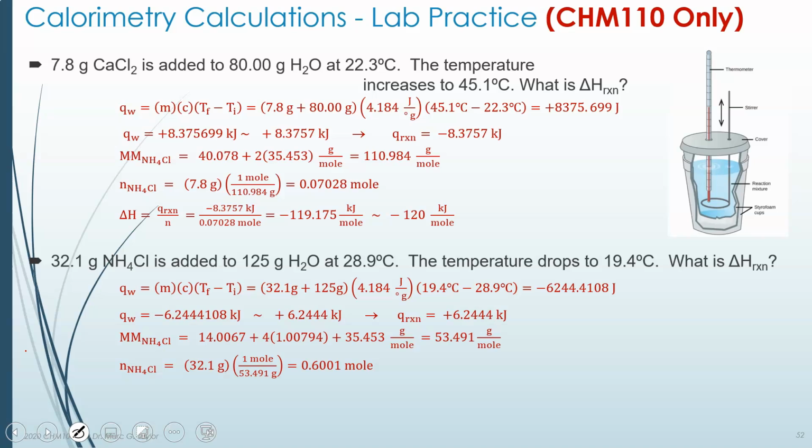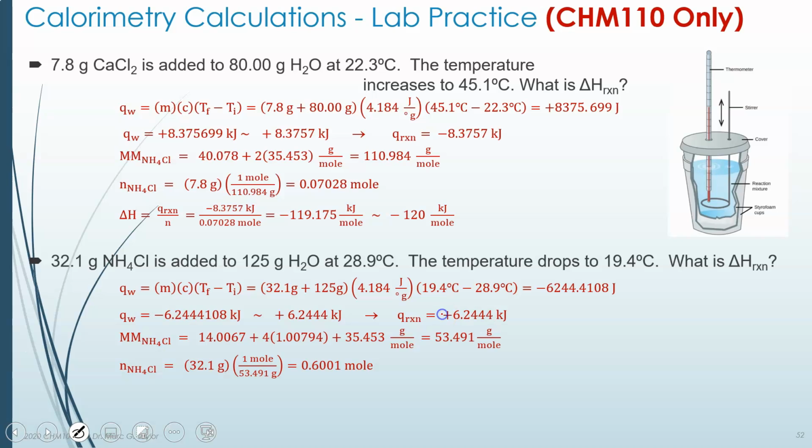We use that to convert our 32.1 grams of ammonium chloride. Remember, we only are interested in the grams and moles of ammonium chloride in the end. The heat is something different. That's why we include it, because everything was changing temperature. But when we want to know how many moles were responsible for this reaction, we only look at the moles of ammonium chloride, and that's 0.6001 moles of ammonium chloride.